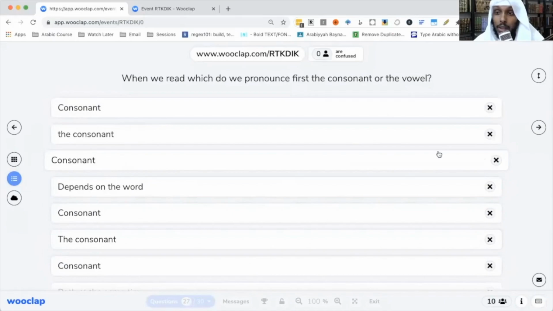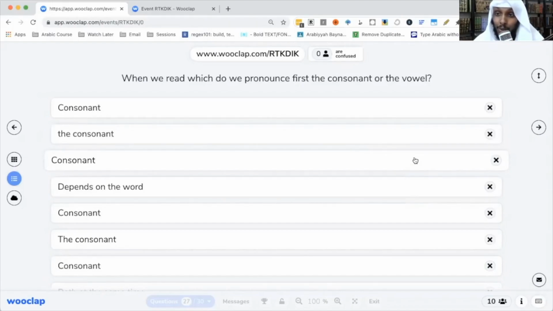Now the answer is if that letter consists of a consonant and a vowel, it's a vowel letter, then the consonant comes before the vowel. So when we say kharaja, and inshallah when we watch the video going forward, you'll see what I mean. If you are confused by this, just think about the way you would have spelled it in English.